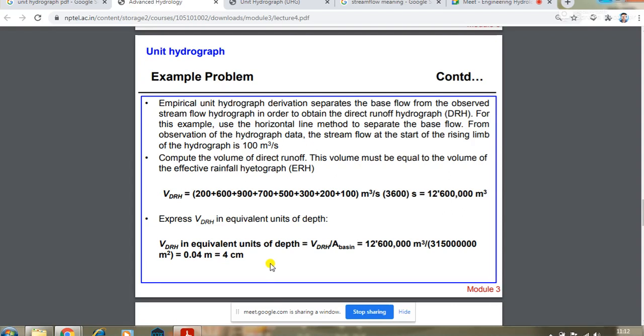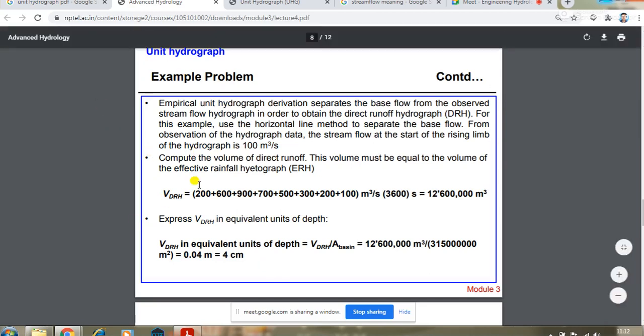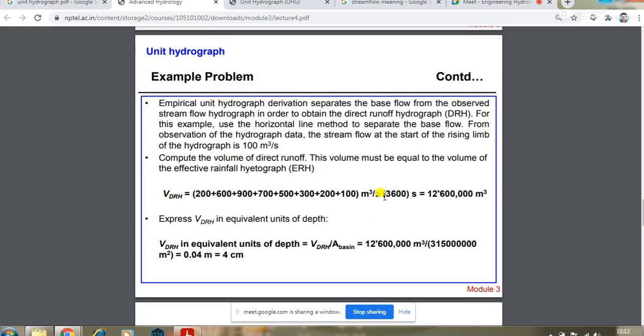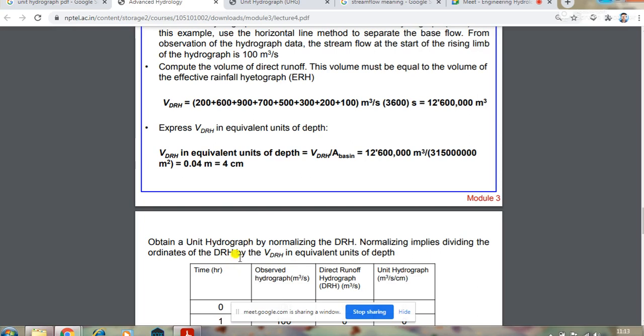The volume of the direct runoff hydrograph we have got in this particular line, 126000000 meter cube, divided by the area of the basin, given in the problem as 315 square kilometers. From there the depth value is coming as 4 centimeters. Just volume divided by area will give you the depth value.